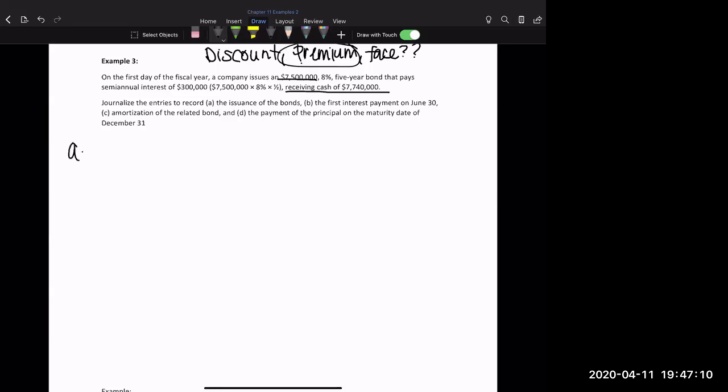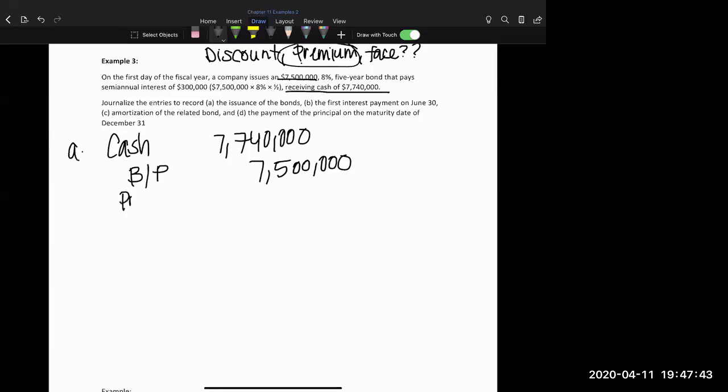For the issuance, we're going to do a debit to cash in the amount of $7,740,000, right? That's what we received. Next, we capture the part that we know for sure, which is that we created a liability called bonds payable in the amount of $7.5 million. If you're not sure where to go from here, you know you're not balanced, so you need another credit to balance this, and that credit is going to be the premium on bonds payable.